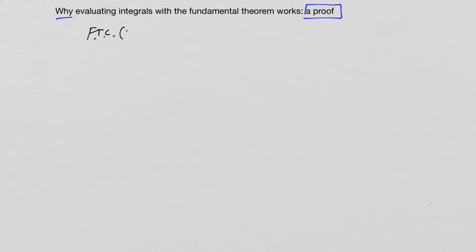Again, this is really just the partial FTC. There's another whole part of the FTC we haven't talked about yet, but let's just focus on the fact that we've stated so far.